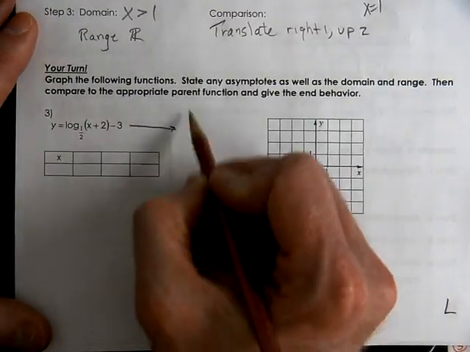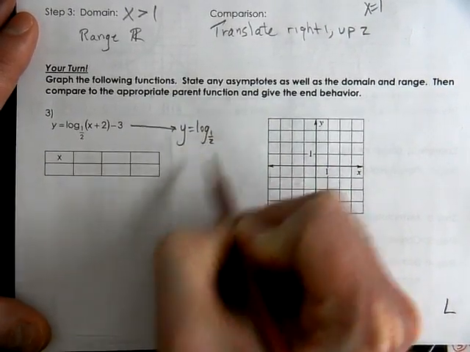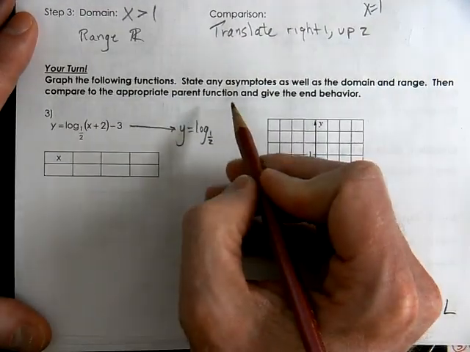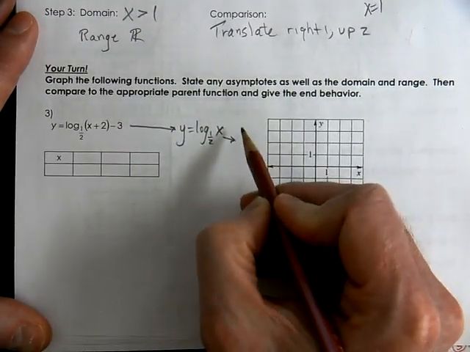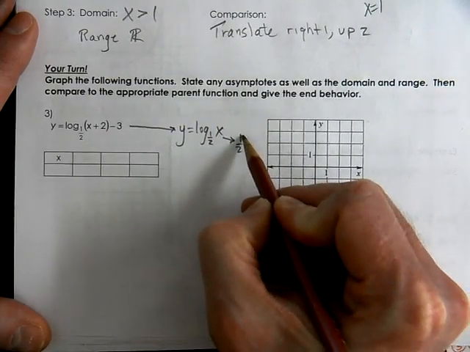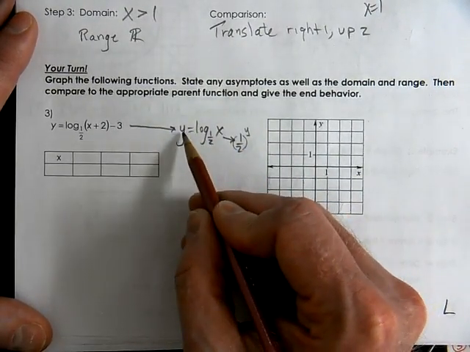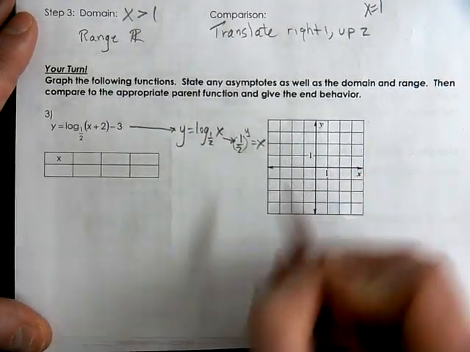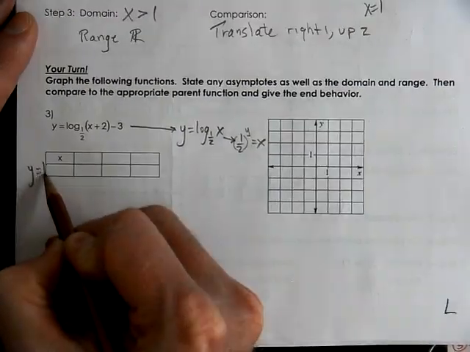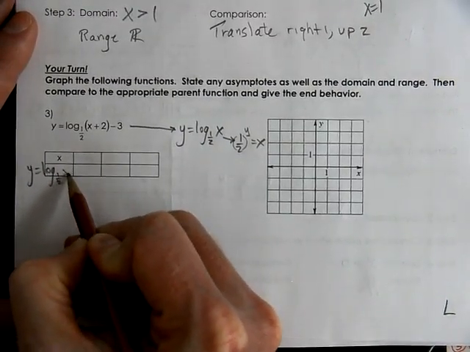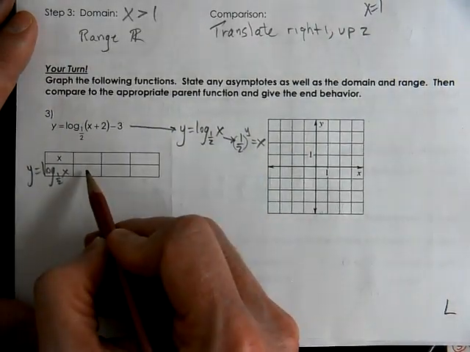So we're going to write this as y equals log base 1/2 of x. And we're going to write that in exponential form. A half to the y power, logarithm equals the exponent, equals x. So when we do our logarithm, we're going to pick values for y.